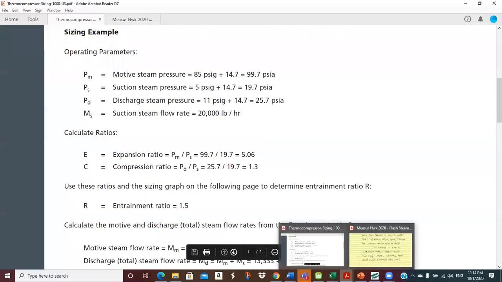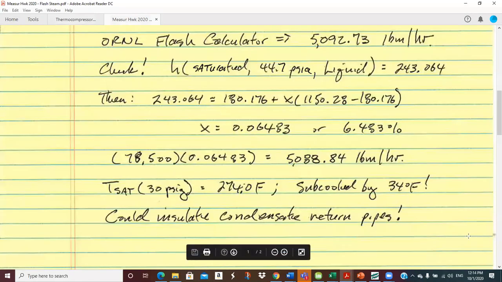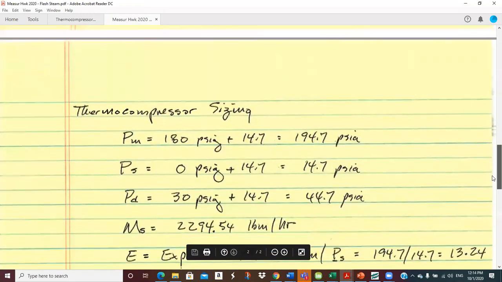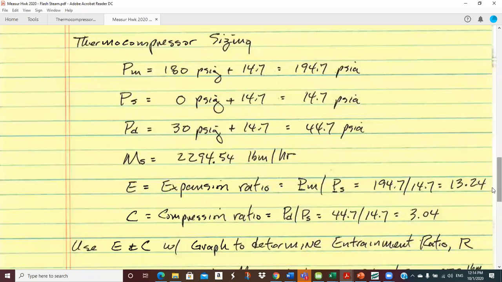Okay, so I'll show you my numbers. I just followed their format. P sub M, that's the motive steam. That's the higher pressure steam that you're going to mix basically with the lower pressure steam in order to get an intermediate pressure.